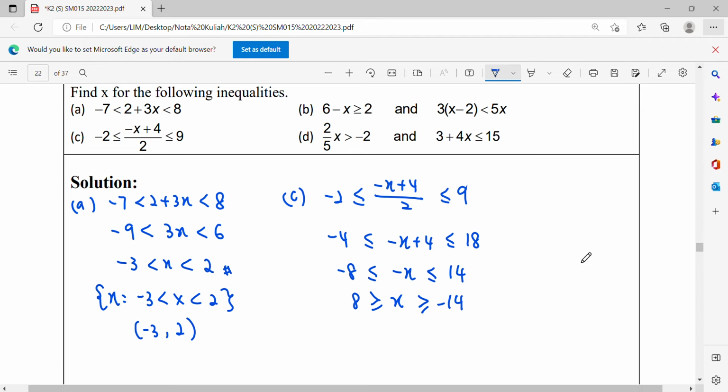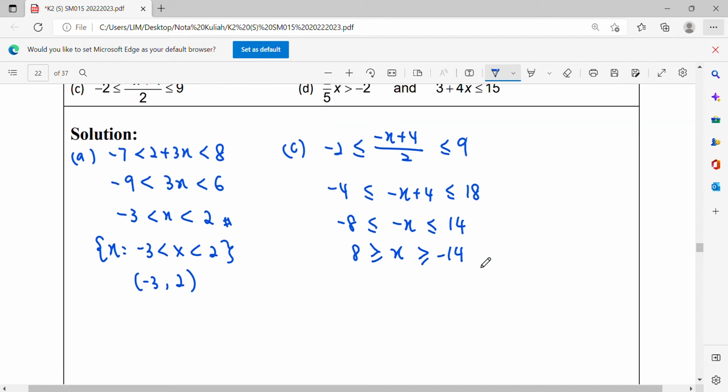Okay, so this is not our final answer yet. Be careful. In inequalities, the smaller value is written on the left-hand side and the bigger value on the right-hand side. So you have to rearrange this inequality. It means it will start from negative 14, x is more than that, then x is less than 8.